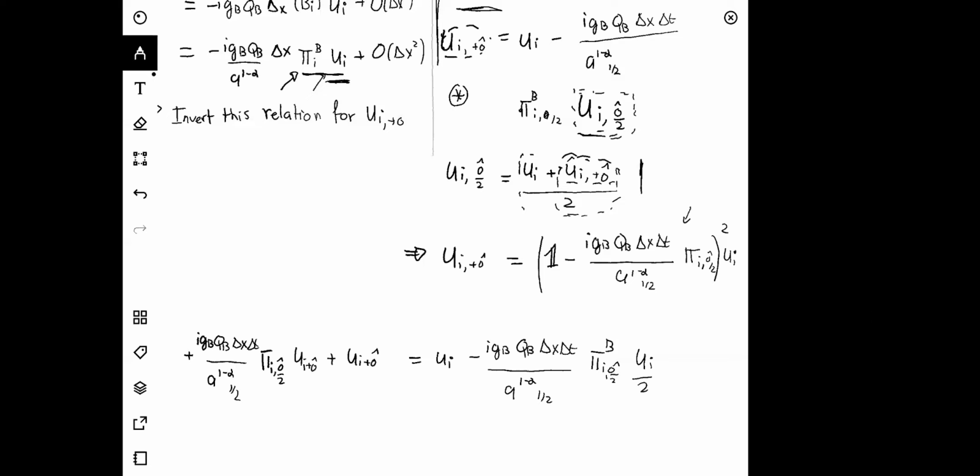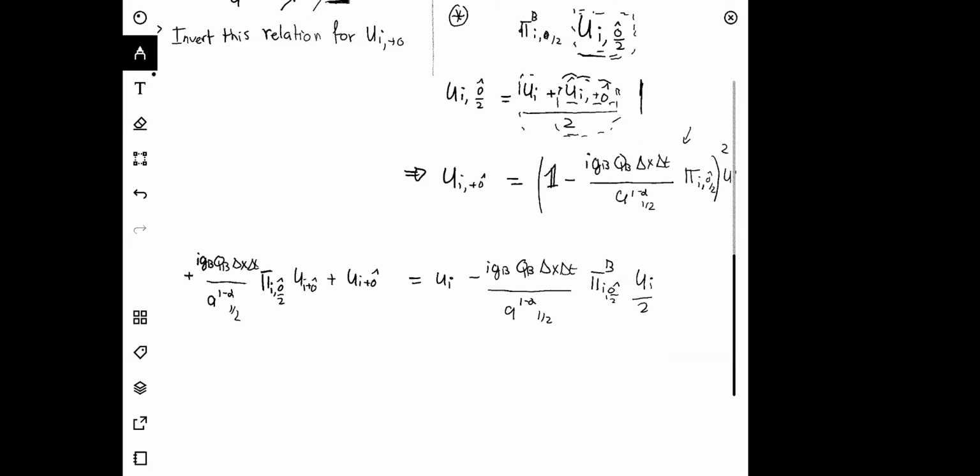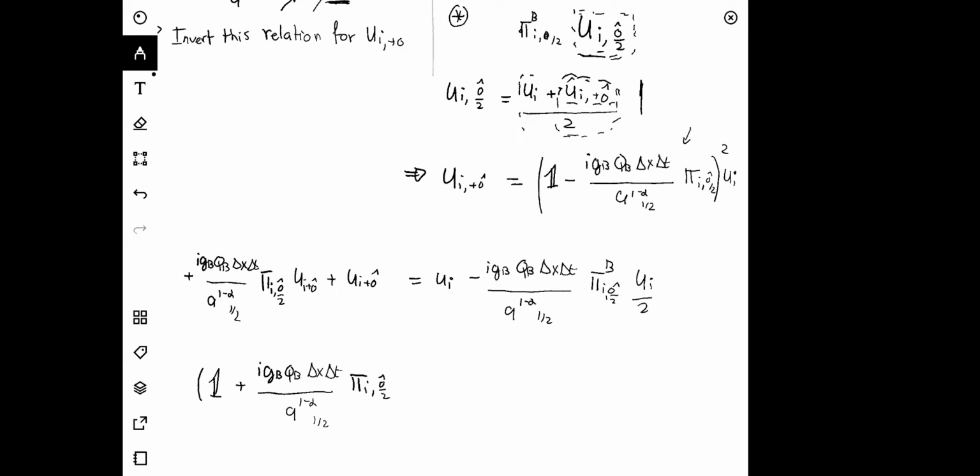So you see that left and right, you can rewrite this equation as being 1 plus I GB QB delta X delta T divided by A minus alpha 1/2 times pi I 0 1/2 times ui plus 0.